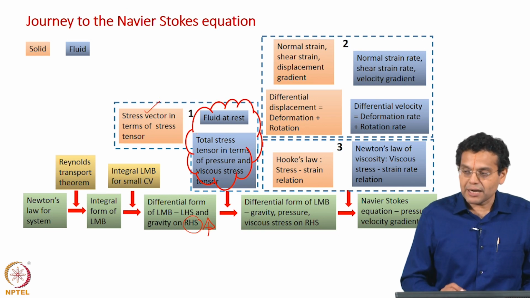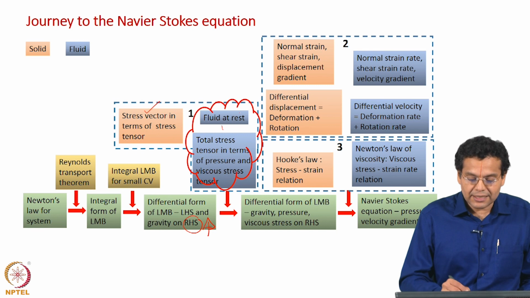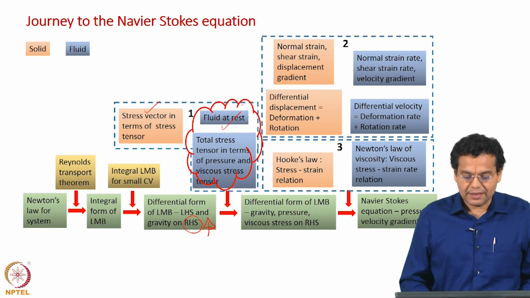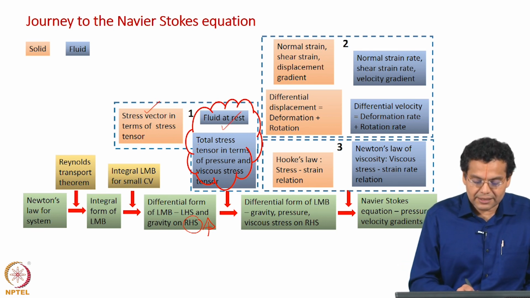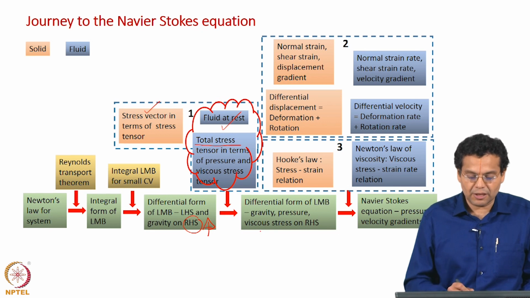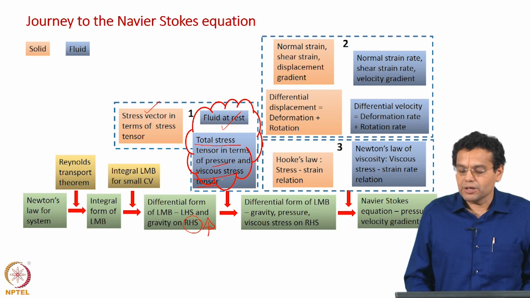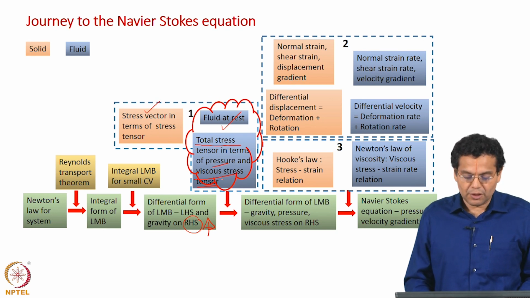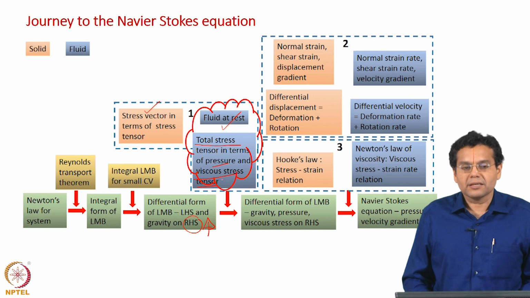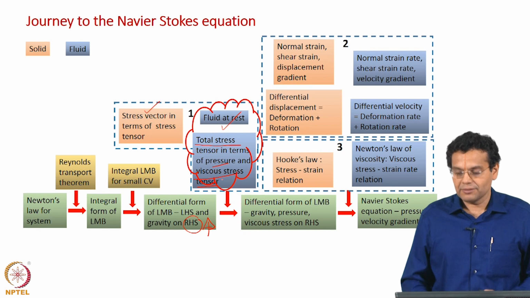We came back to fluids, first discussed fluid at rest, and then look at the term here: it says total stress tensor in terms of pressure and then stress tensor. That is the summary of what I discussed for fluids. Okay. Now, we have to go back to the right hand side of the linear momentum balance and complete it. Okay. So, just before that let us summarize what I discussed so far.